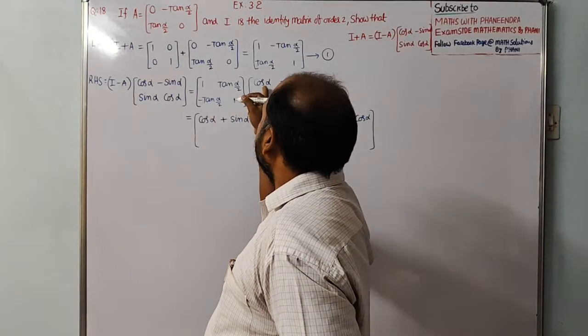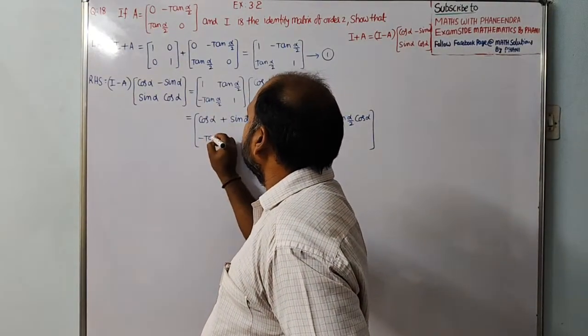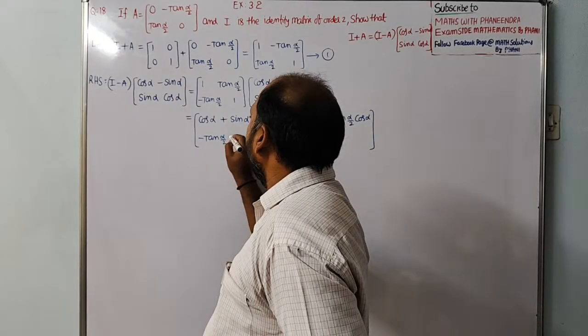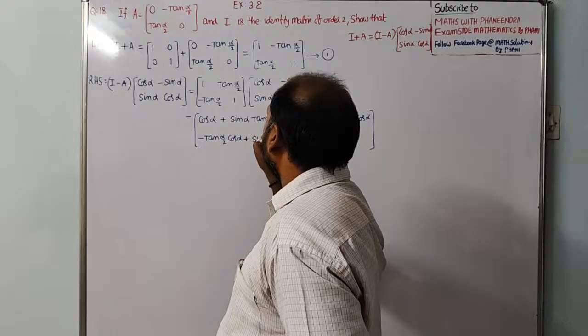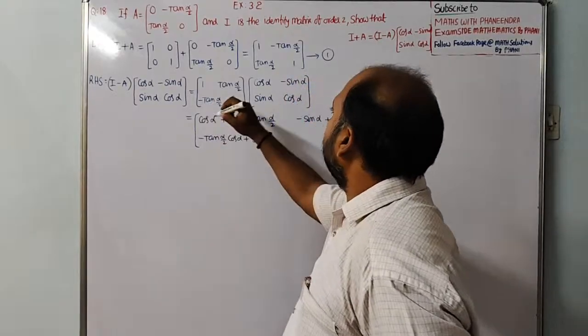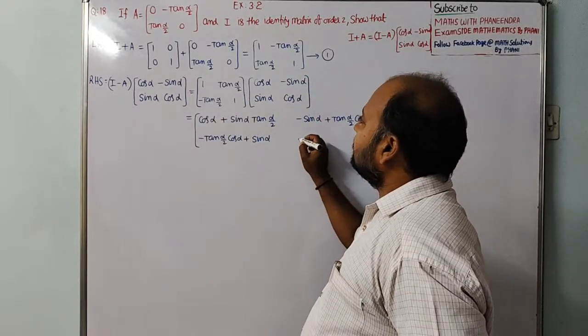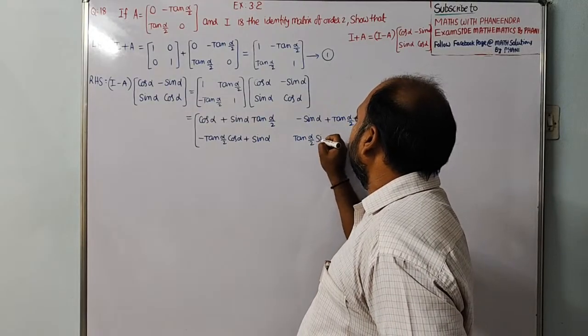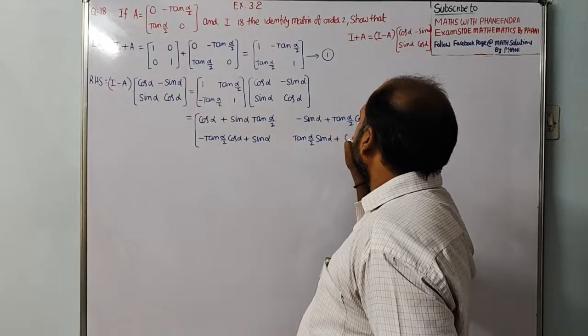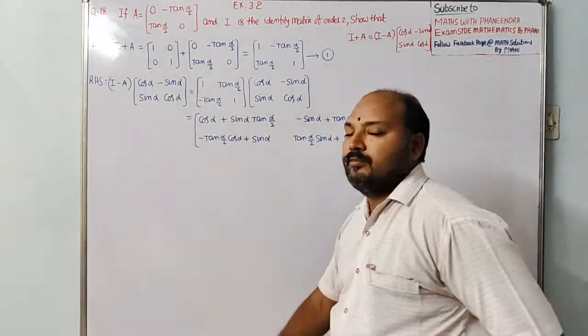Next, minus tan alpha by 2 into cos alpha plus 1 into sin alpha. Next, minus tan alpha by 2 into minus sin alpha, so tan alpha by 2 into sin alpha, plus 1 into cos alpha.